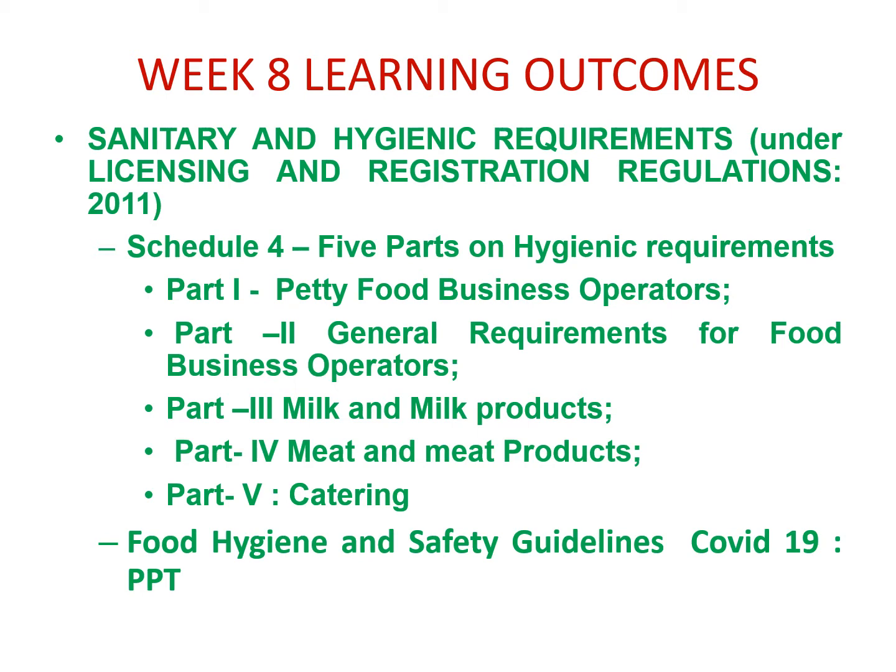So all the documents were related to the basic and advanced sanitary and hygienic requirements, and particularly the food safety, hygiene and safety guidelines during COVID-19, the presentation prepared by FSSAI, which we all studied in detail.